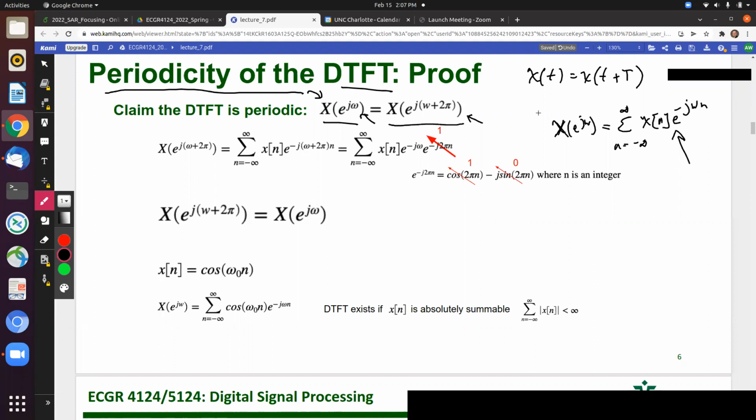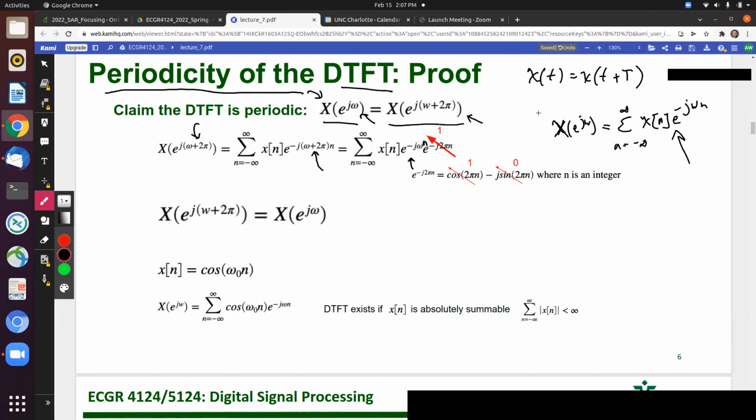So now we're just going to apply that equation, but now we're plugging in, instead of omega, omega plus 2 pi. That's all we do differently. And so now we can tear apart this exponential as the product of 2 exponentials, because we have a sum in the exponent. The first part of that product is e^(-jωn). Looks like a little typo there.